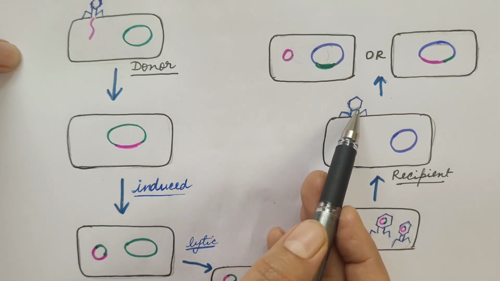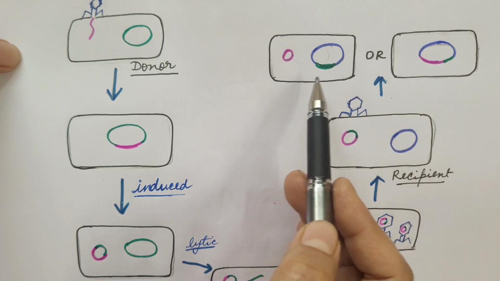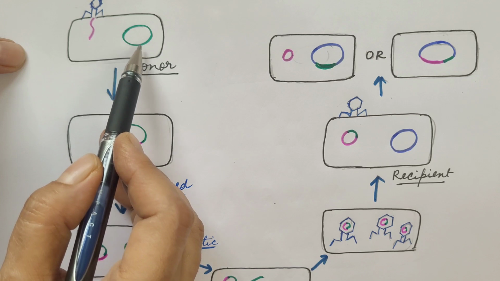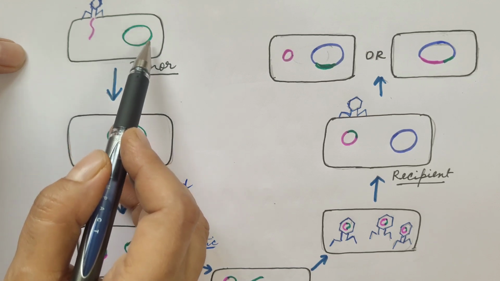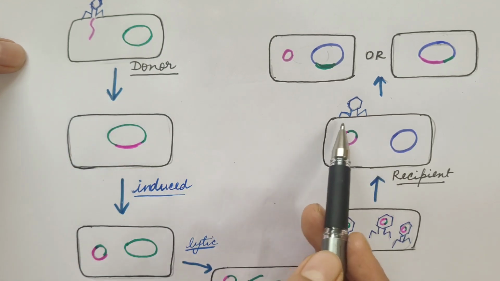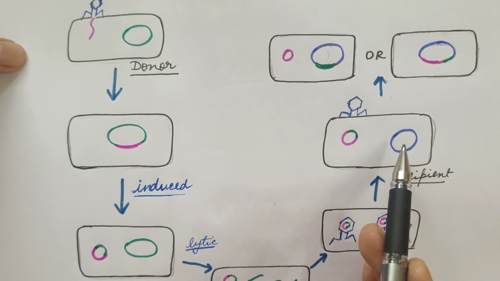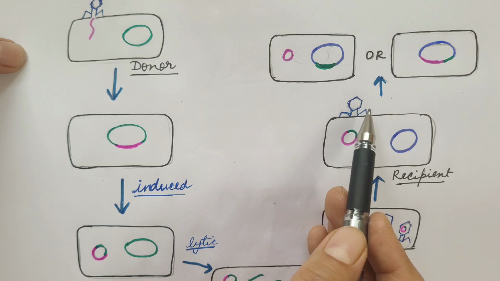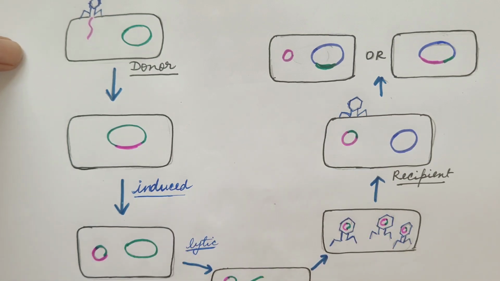So in either case, a recombinant is formed, and this transfer of the specific genes of the donor bacterial genome to the recipient bacteria is carried by a virus, and hence it is known as specialized transduction.